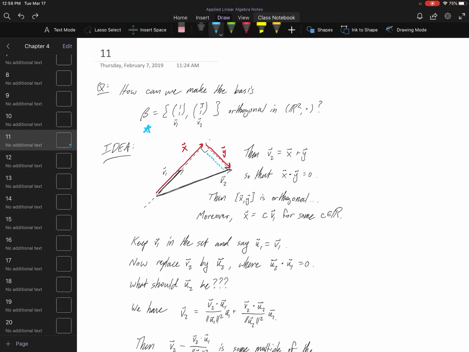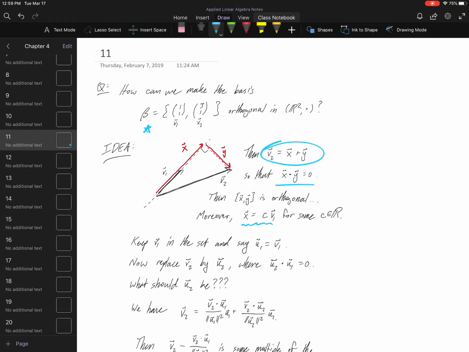It's telling us how much of V2 is in this V1 line. If we have x and y vectors here, V2 is just going to be the sum of those two vectors, and x and y are going to be orthogonal to one another. This is what we want. We would like to replace the V1, V2 basis with the xy basis.